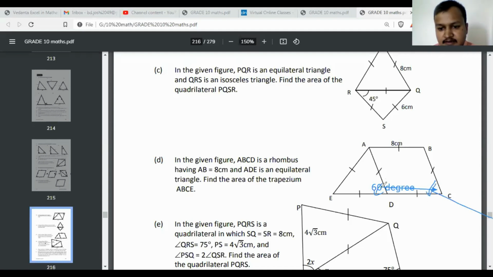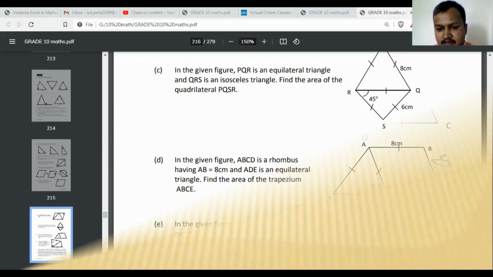Its reason is that angle ADE and angle C are corresponding angles of each other. And if AB is 8 centimeter, BC will also be 8, DC will also be 8, ED is now 8.